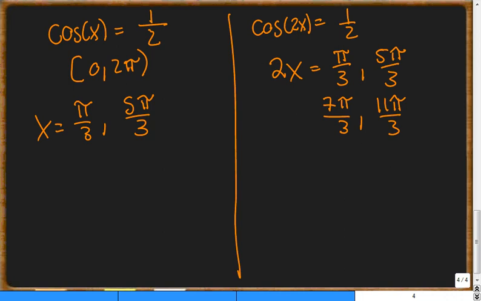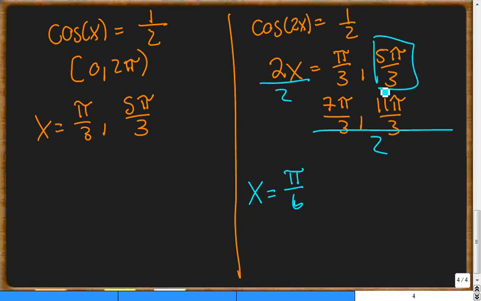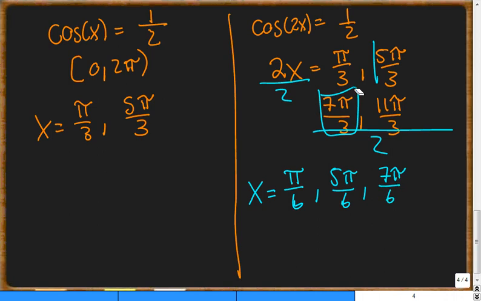Now, you'll see that in a second, because when I divide everything by 2, I'm going to end up with x equals, so pi over 3 divided by 2 is pi over 6. 5 pi over 3 divided by 2 is 5 pi over 6. 7 pi over 3 divided by 2 is 7 pi over 6. And 11 pi over 3 divided by 2 is 11 pi over 6.